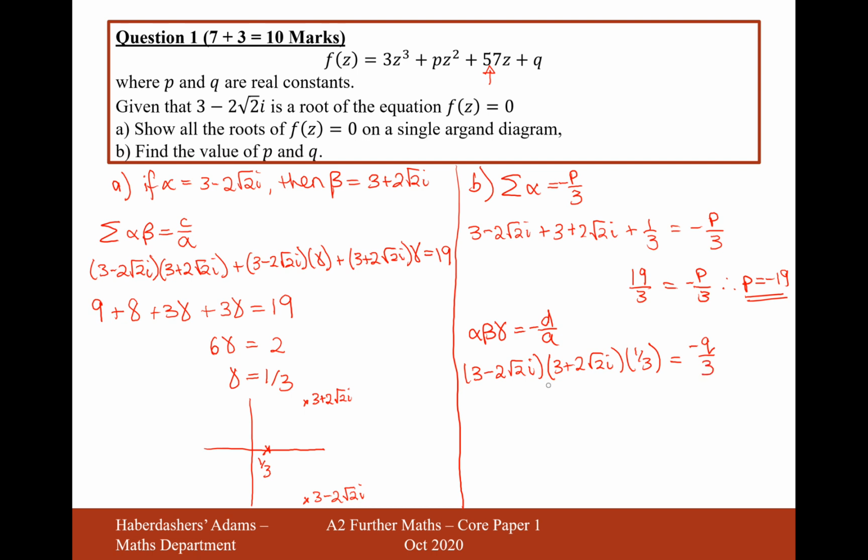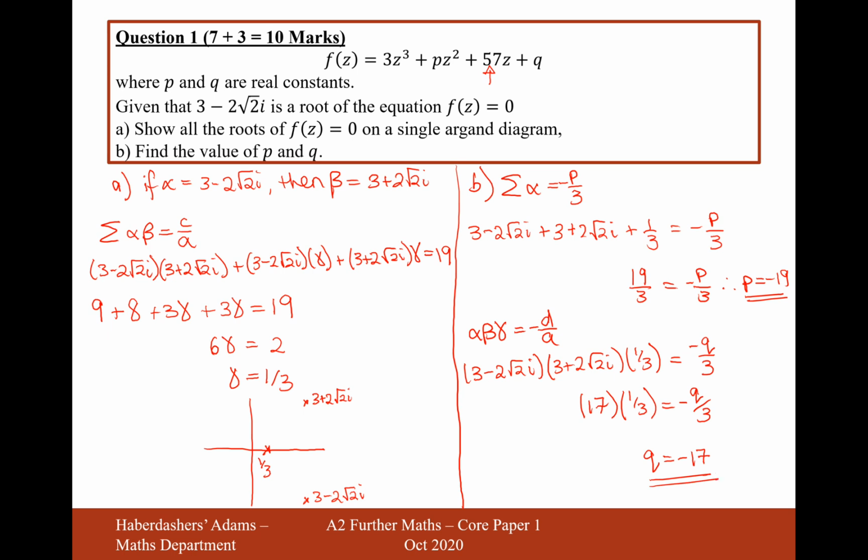So let's multiply out the first two brackets. It's going to be 9 and then plus 8, so that would be 17. So 17 times a third is minus q over 3. Cancel out the third on both sides, and we get q equals −17.